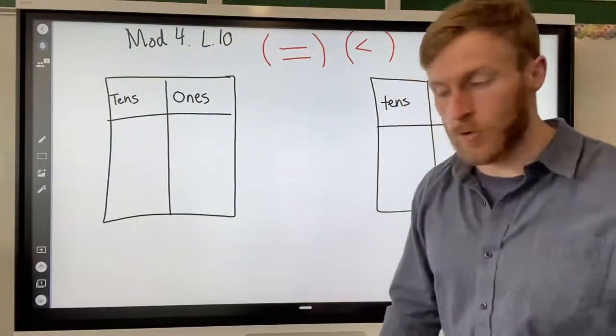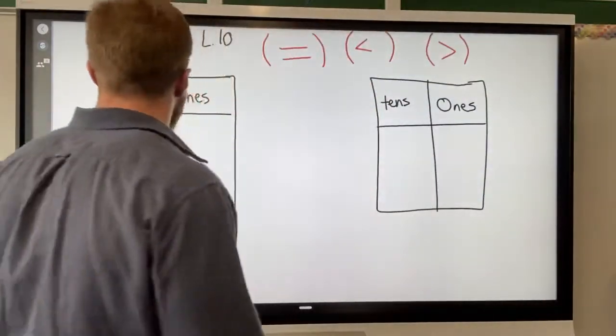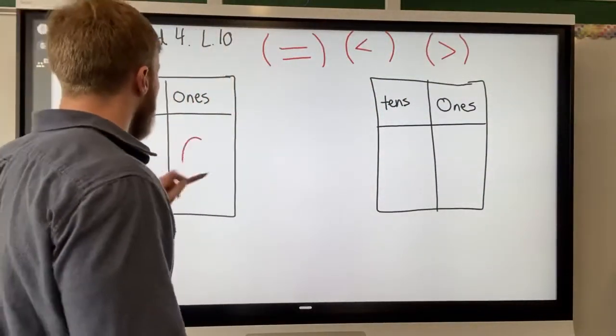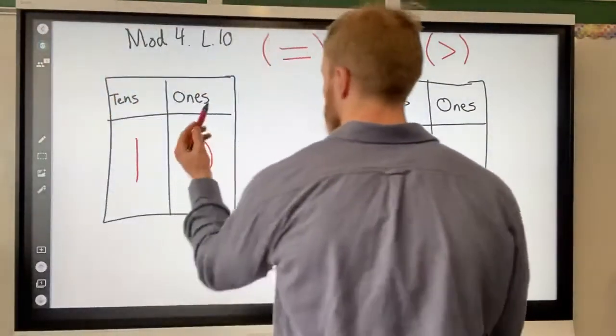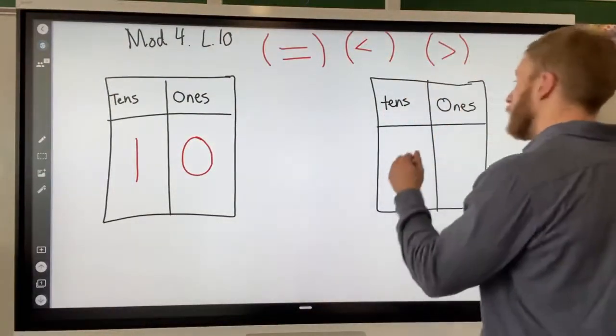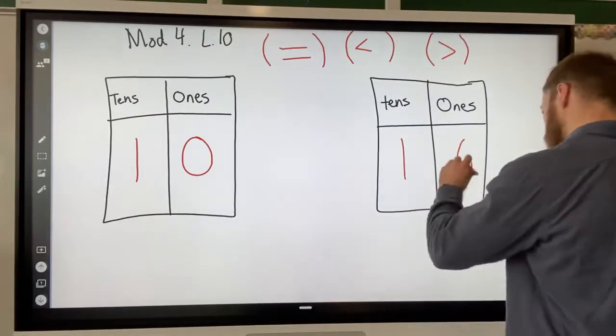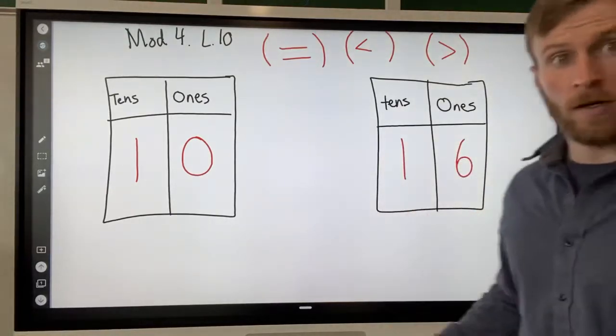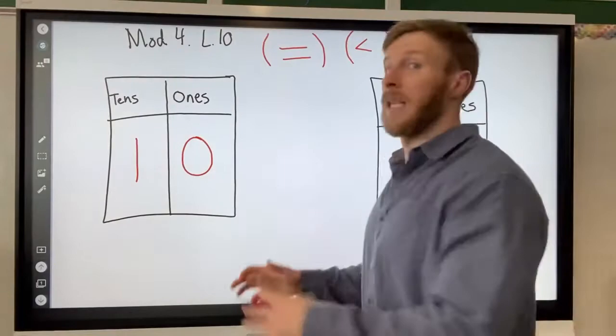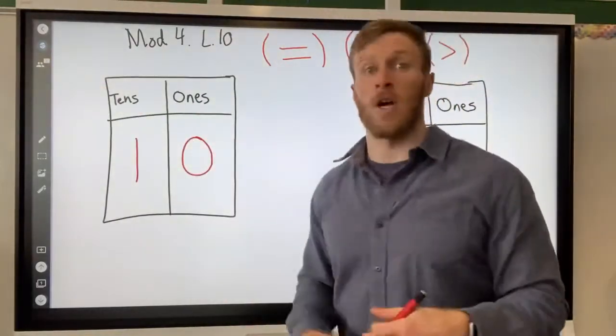So let me show you an example. Re-jog your memory. Say we have the number 10, which is 1 ten and 0 ones. And then we have the number 16. Okay? Now we need to figure out which one's bigger. Remember, we start on the left side and we start with our tens place.